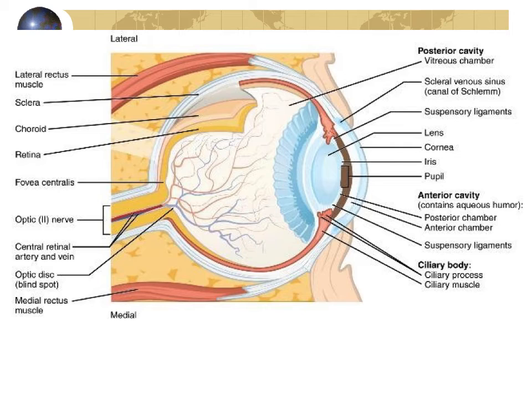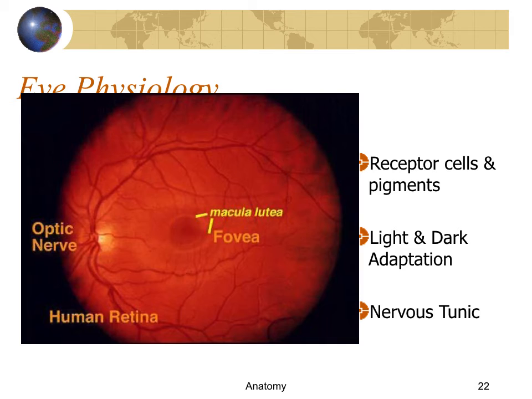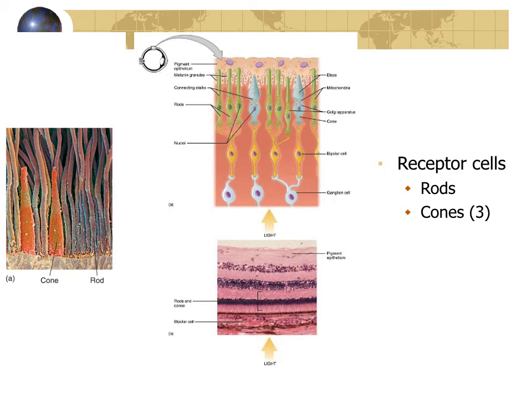Okay, the eye, again, another complex structure, detecting light waves. These pass through the cornea, through the lens, where they are focused onto the retina of the eye where the receptor cells are. The receptor cells are most dense in the central part of the eye, the fovea and macula lutea. The optic nerve has no receptor cells. That's the blind spot where the nerve comes in. The two types of receptor cells are rods and cones.